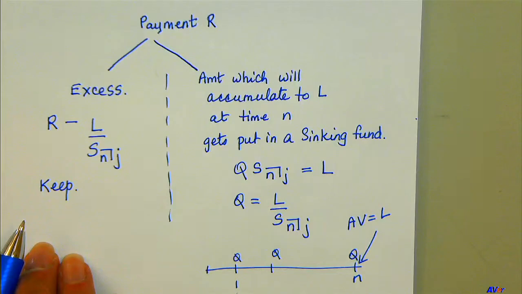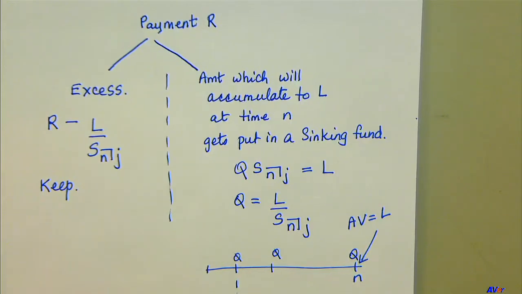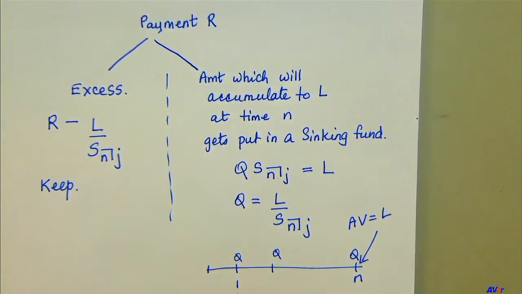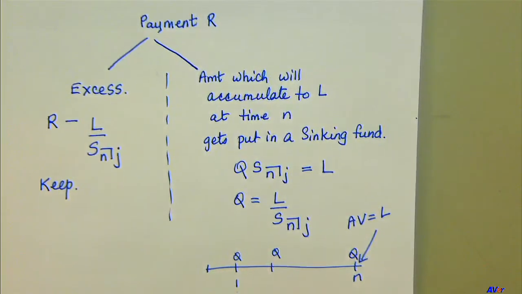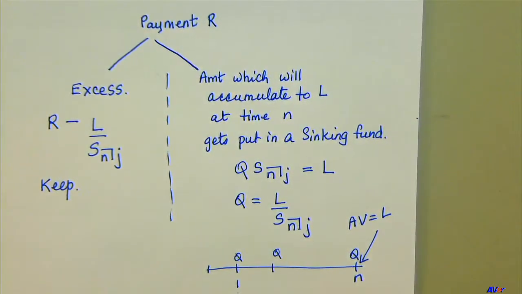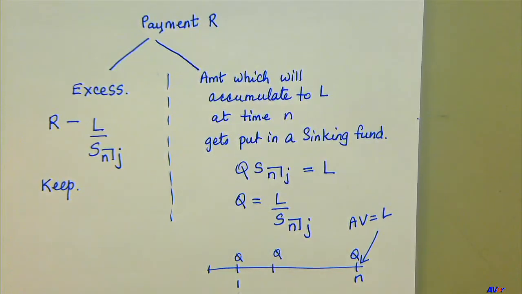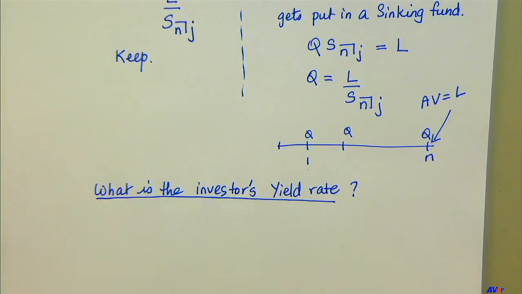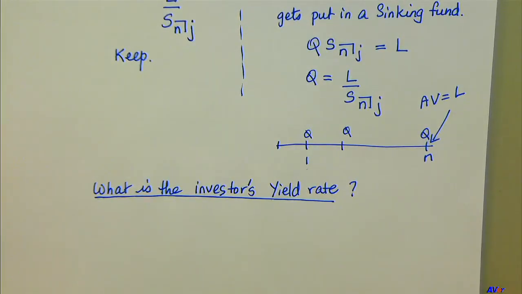So the question usually is, what is the investor's, the investor being the bank, what is the investor's yield rate? That's the question. How do you think I can compute this bank's yield rate? Talk to me.